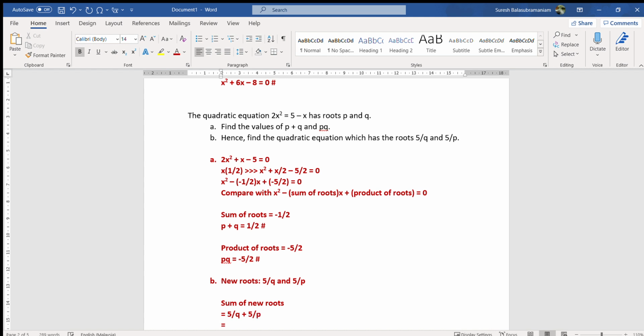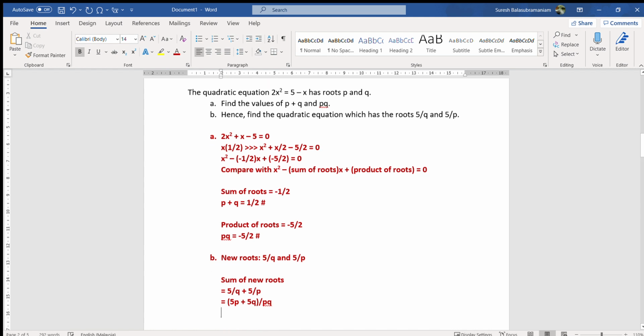So you'll have 5, now maybe I'll put it in bracket, 5p plus 5q, then over pq. So I can factor this somehow, so equals to 5 open bracket p plus q close bracket over pq.